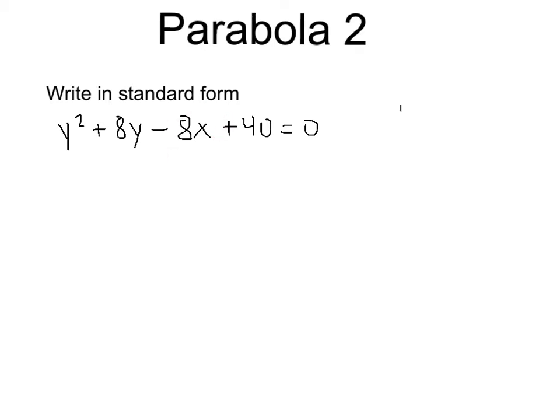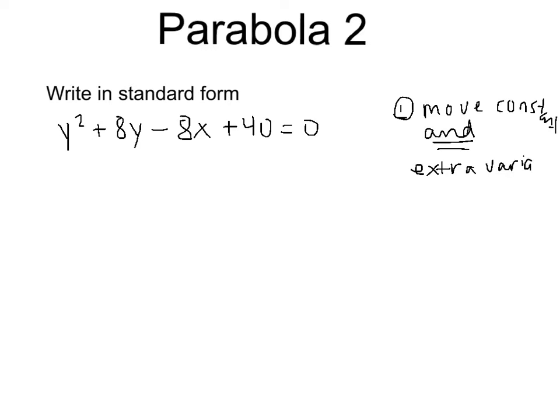So on these, the first thing you're going to do is move the constant and the extra variable. So here I'm referring to this 8x as my extra variable, the negative 8x and the 40.